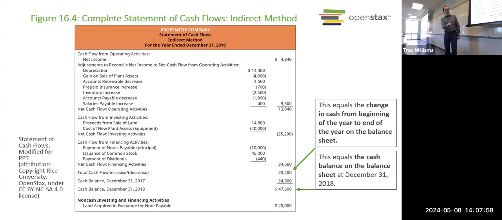No, I'm sorry. We add those three together to get our total change in cash, add that to our beginning cash, and it equals our ending cash, which we can verify with the balance sheet. And then we also list the non-cash transaction. So now we have a completed statement of cash flows created using the indirect method for the operating section.